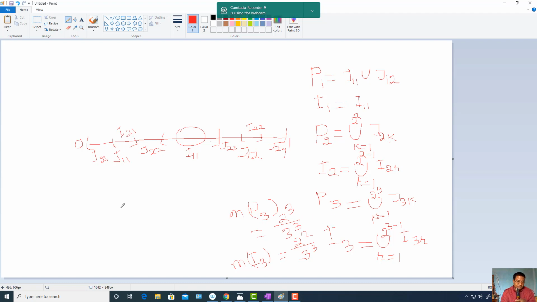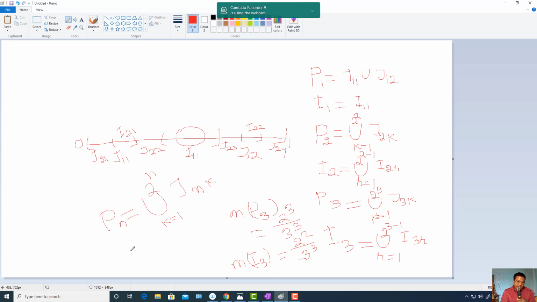Similarly, in the nth step, what is your Pn? Pn is equal to the remaining closed intervals. This is the union over k running from 1 to 2 to the power n, and the name of the interval is Jnk. The length of each interval is 1 by 3 to the power n.